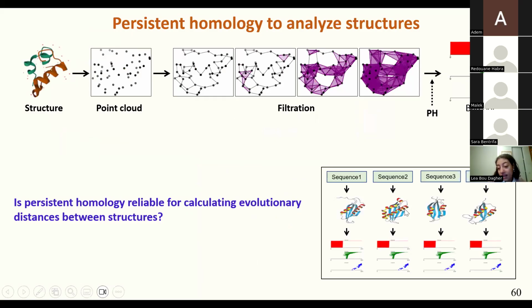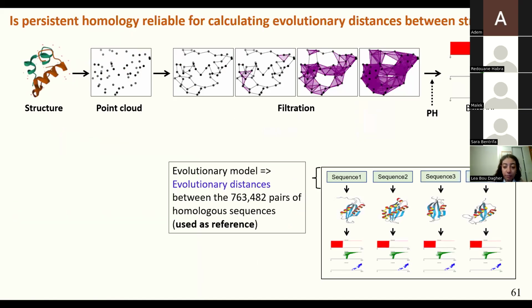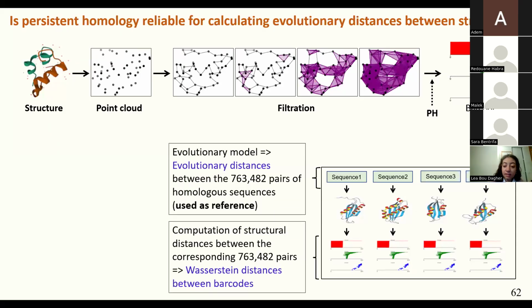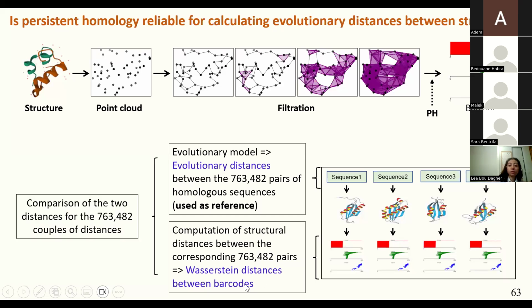In particular, the distance we compute from structures means distances between the corresponding barcodes. To do this, I applied this to a data set of 700 pairs of sequences. I computed the distances between sequences and the distance between the pair of barcodes using the Wasserstein distance, and I want to compare those two distances.